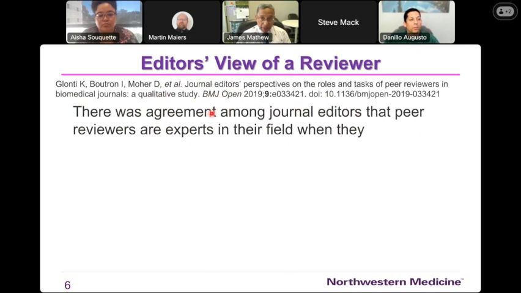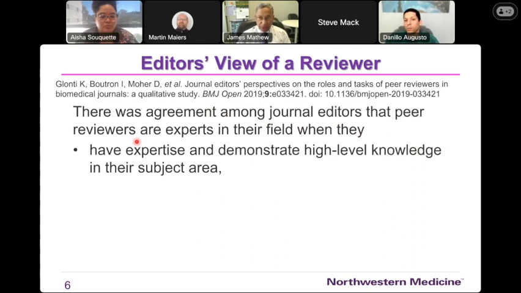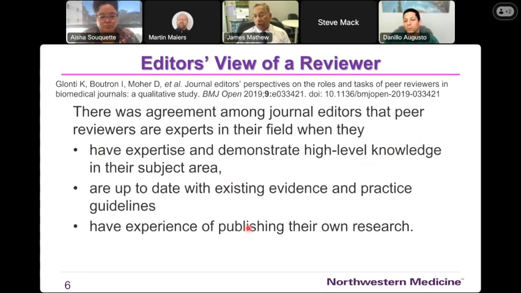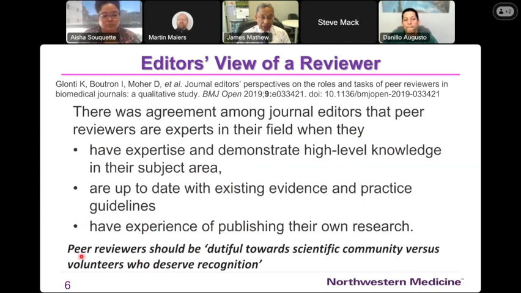And there was agreement among the journal editors that the peer reviewers are experts in their field when they have expertise and demonstrate high level of knowledge in their subject areas and are up to date with existing evidence and practice guidelines and have experience of publishing their own research. And one of them mentioned that peer reviewers should be dutiful towards scientific community versus volunteers who deserve just recognition.